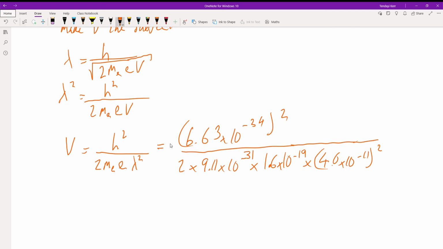So put that one into your calculator. We want this to two significant figures again. So I get 940 volts.